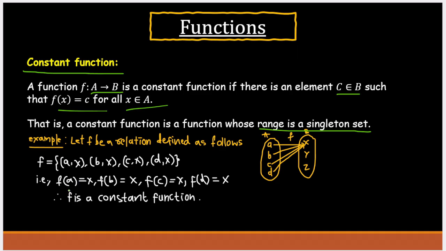Here f of a is equal to x, f of b is equal to x, f of c is equal to x, and f of d is equal to x. So every element of A has only one image from B. This is said to be a constant function.